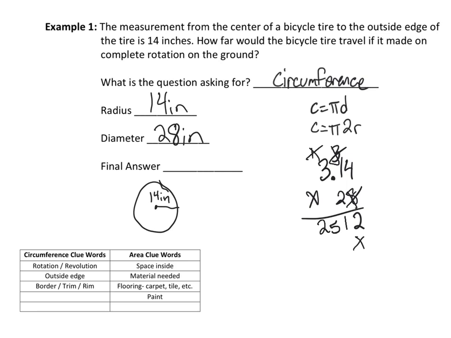We put an x for a place value. 2 times 4 is 8. 2 times 1 is 2. 2 times 3 is 6. Now we just need to add. We get 2, 9, 7, and 8. We have 2 decimal places, so we move our decimal 2 places to the left and get 87.92 inches.